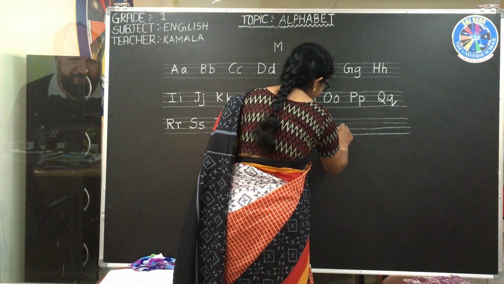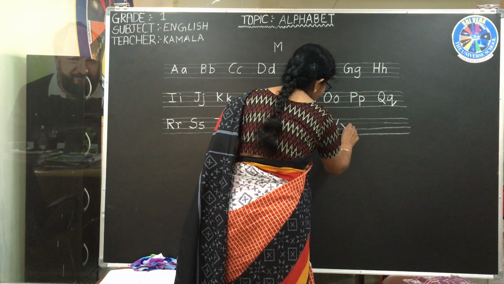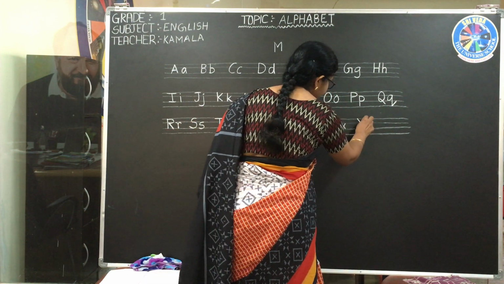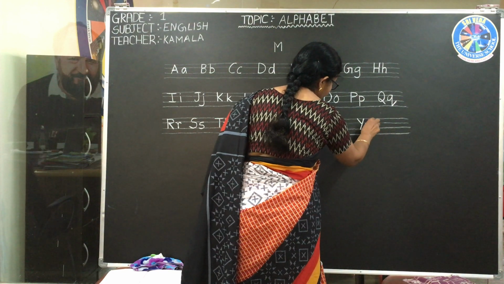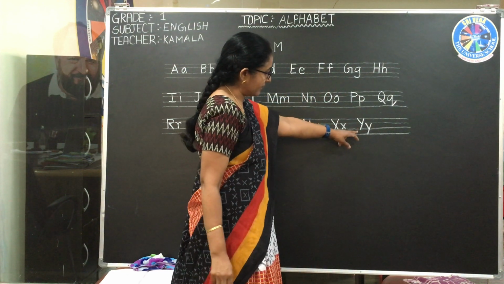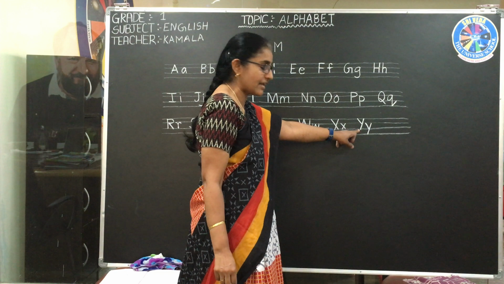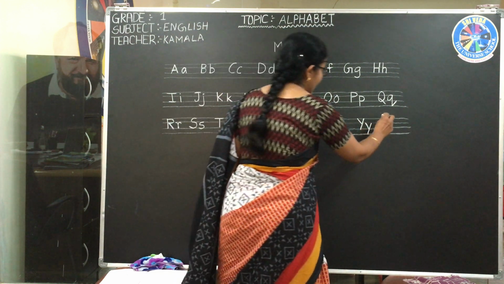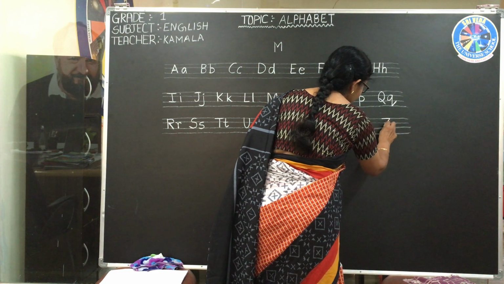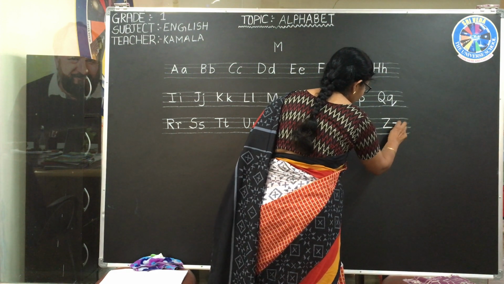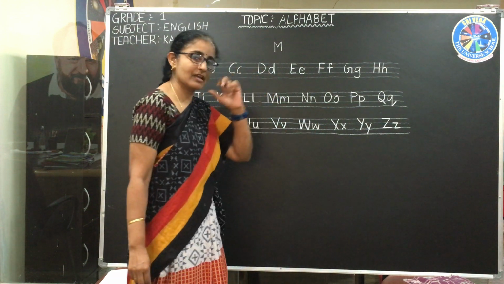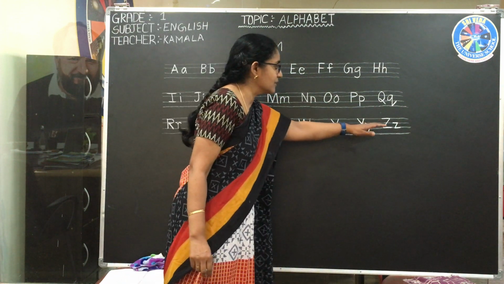Then it is X. X also just a difference in the size. Next it is Y. Capital Y is in the first three lines and small y will come and touch the bottom line. And the last letter is Z. Very good. Z also, capital Z is big and small z is small.